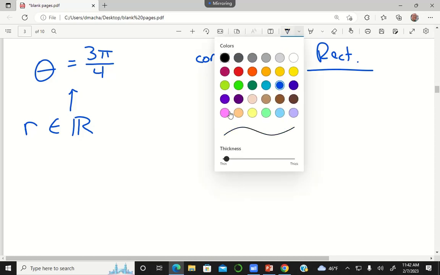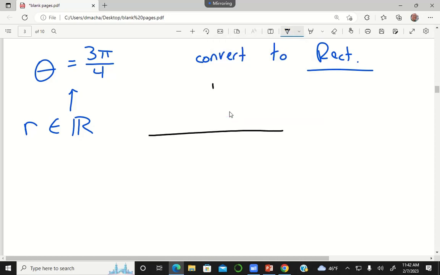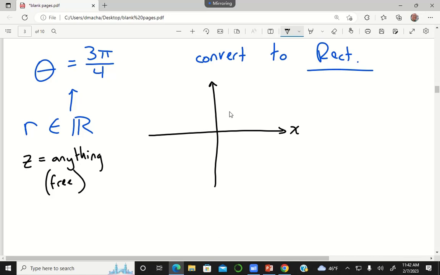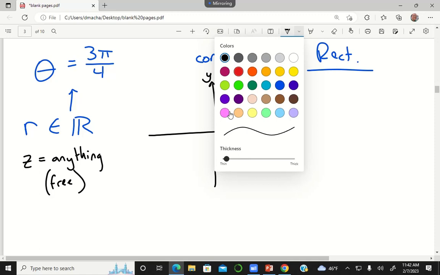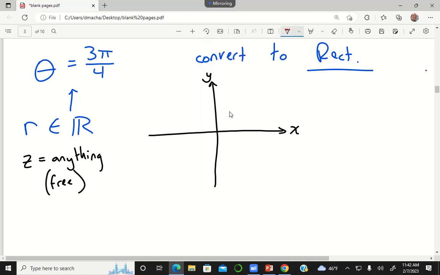Let me first think about a little xy plane here. We can tell that z is a free variable, so it's allowed to be anything. So what matters is how this looks in my xy plane. You can think of this as the trace of this in my xy plane.